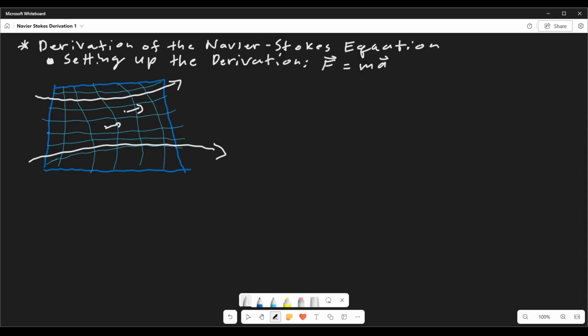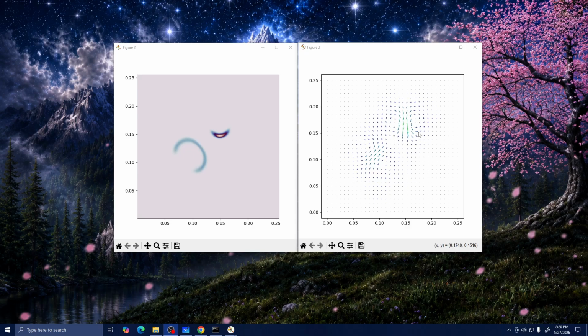Another way to see this is with the program. What's going on here is the output from the program. This is basically a map of these velocities. This fluid space has been divided into a grid, and each cell in this grid has a velocity attached.